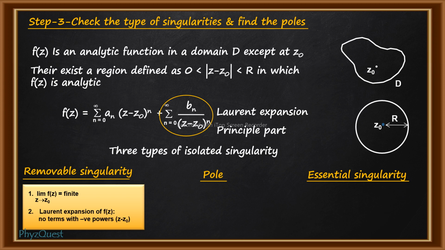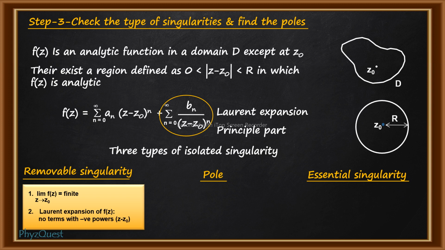Which means that if we do the Laurent expansion, there will be no principal part here. So if you expand any function and it does not have any terms with negative powers of z minus z0, this clearly shows that the singular point is of removable singularity type.